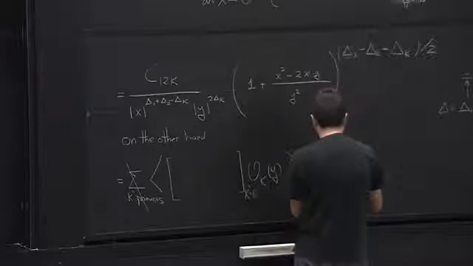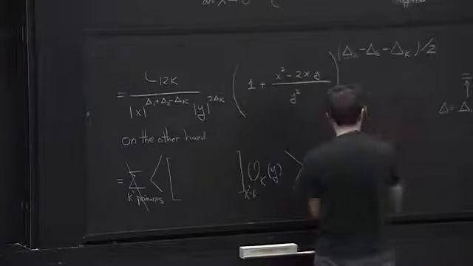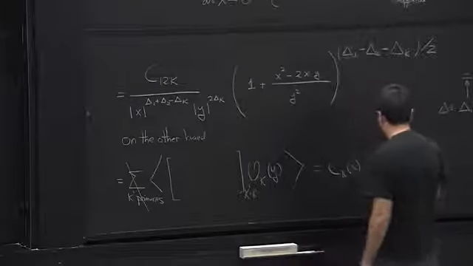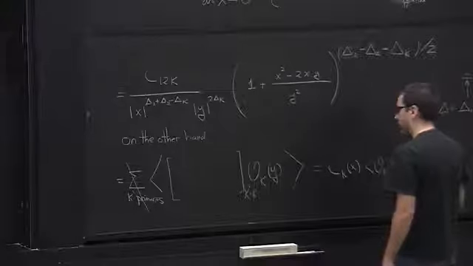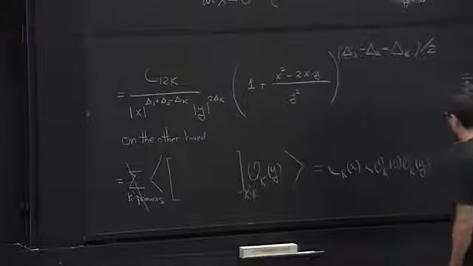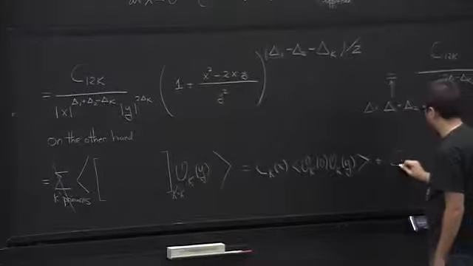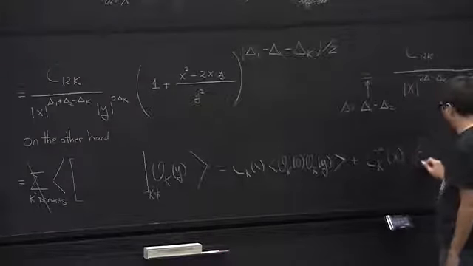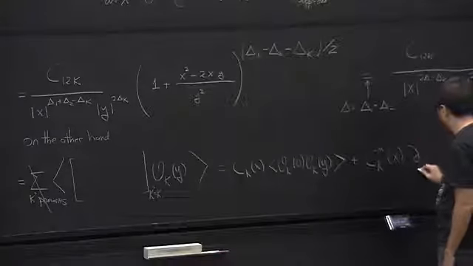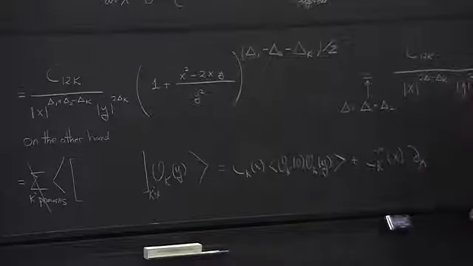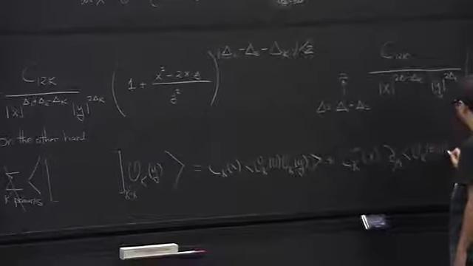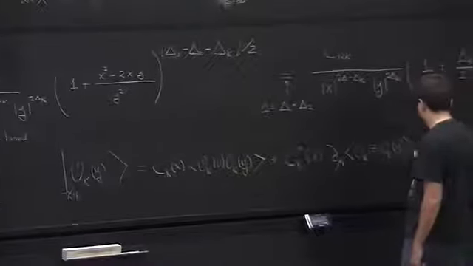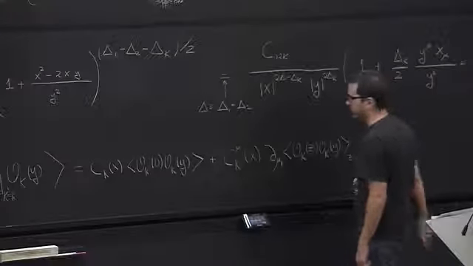And what we get is just the stuff about the descendants. What we get is c_k of x times the correlation function of O_k of 0, O_k of y, plus c_k mu of x, the correlation function, where d mu 1 means derivative with respect to the first slot, between O_k at z, O_k at y, and then put z equals 0, plus dot dot dot.